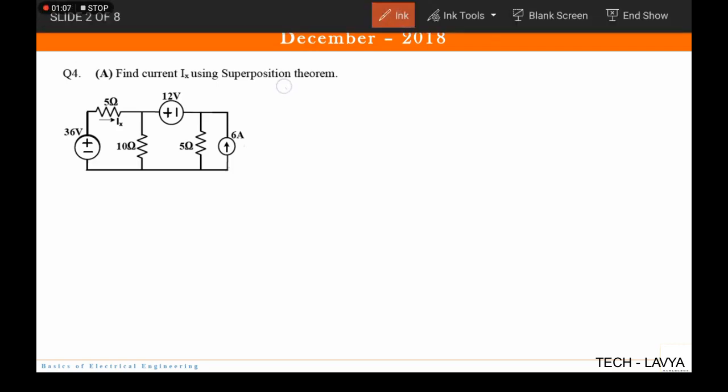So first part, let us consider the 36 volt source alone. Now let us draw that circuit diagram.